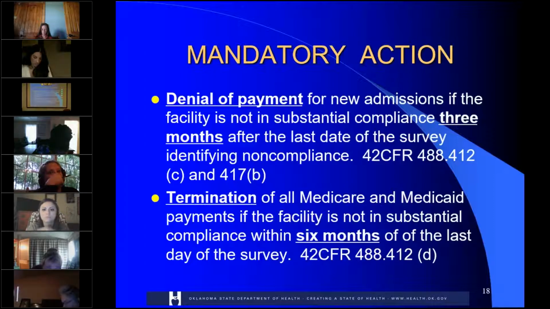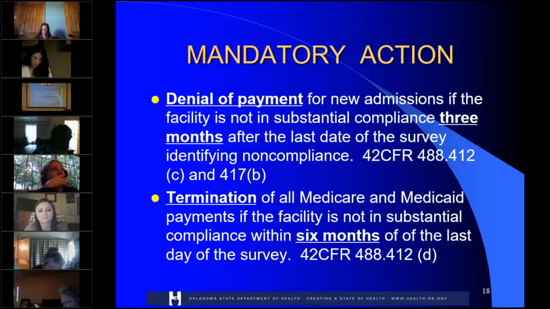You're also going to receive a termination date. So denial of payment, if everything is opportunity to correct, then you got 3 months before that DP&A is going to hit. And it will have a date assigned in your enforcement letter. Termination of all Medicare and Medicaid payments if the facility is not in substantial compliance within 6 months of the last day of the survey.